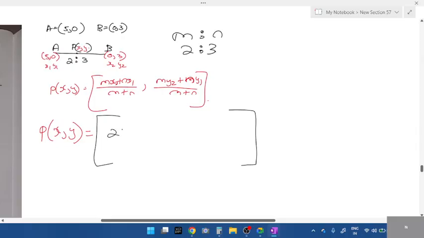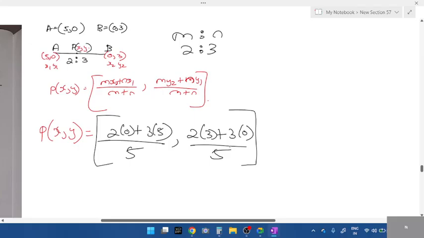So 2 into x2. 2 into 0 plus 3 into x1 is 5, divided by 3 plus 2, 5. Again, 2 into y2 is 3 plus 3 into y1. Y1 is 0. 5. 0 gets cancelled. 3 fives are 15.